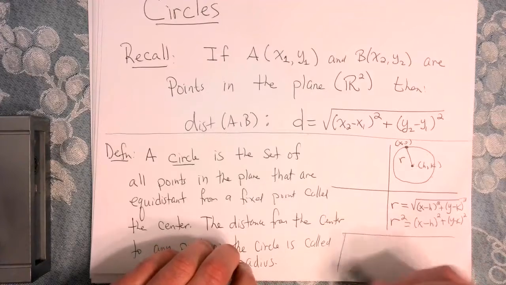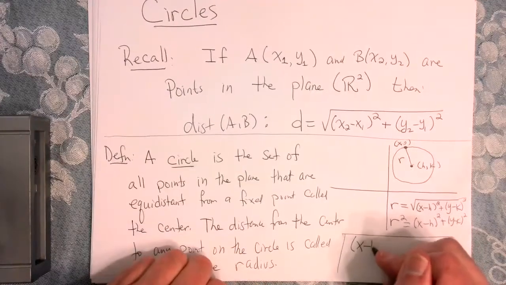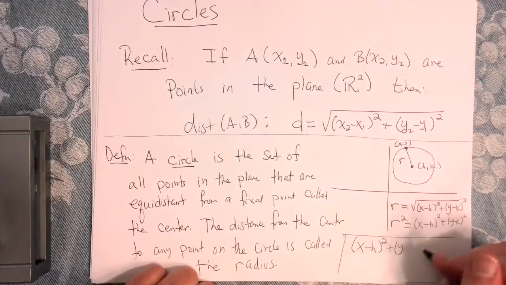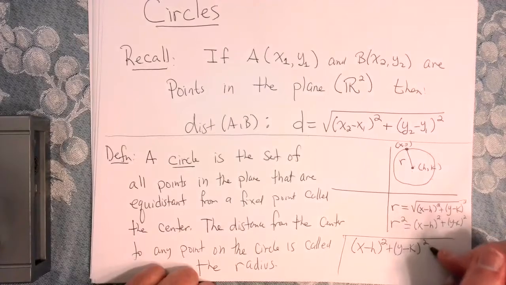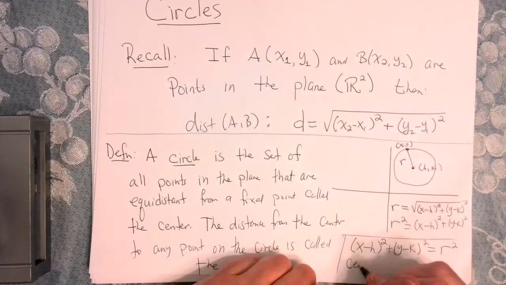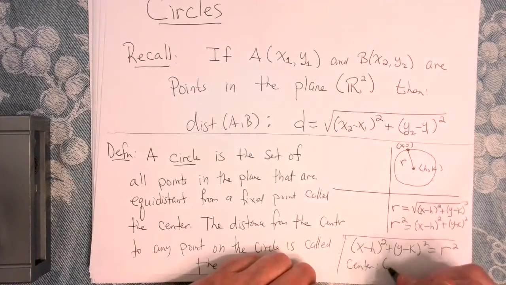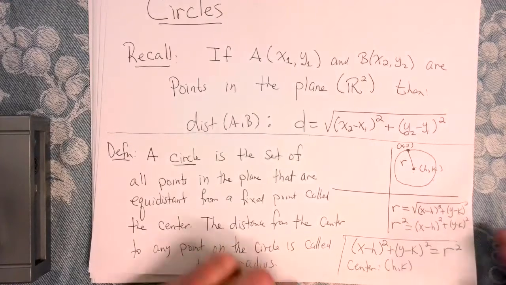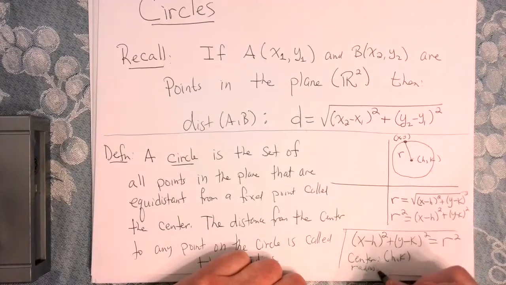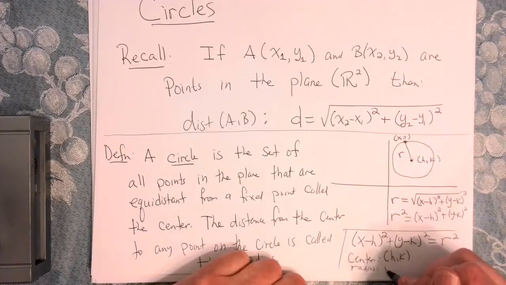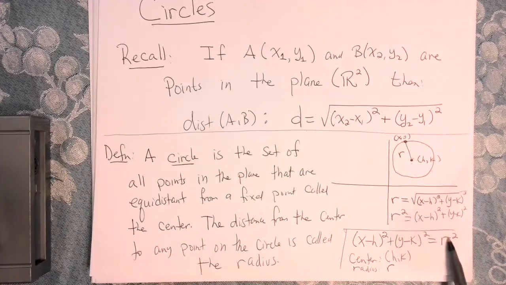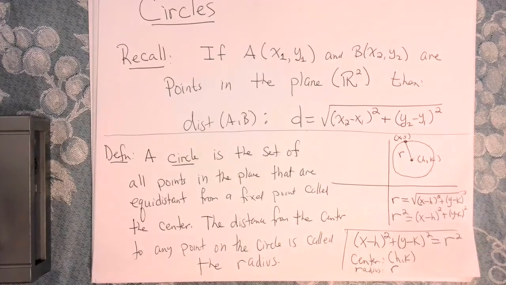Typically we see it written like this: (x minus h) quantity squared plus (y minus k) quantity squared equals r squared. And that's exactly (h, k), the point of the center. And the radius is the square root of r squared, so the radius is r. Do be careful, in the formula that is the radius squared.